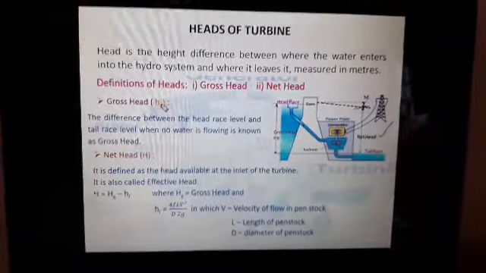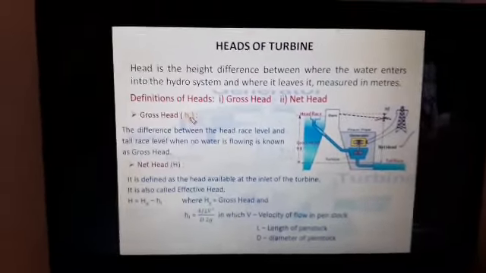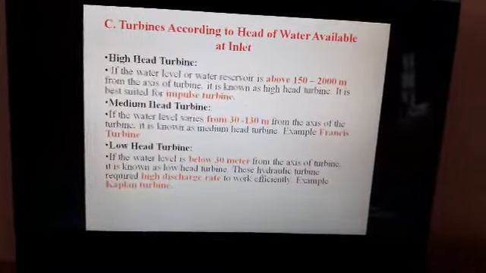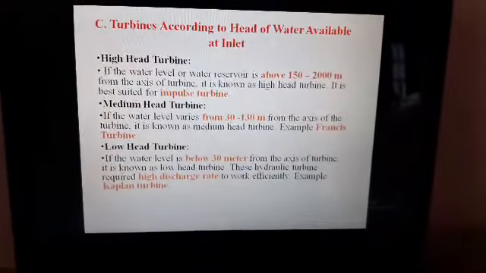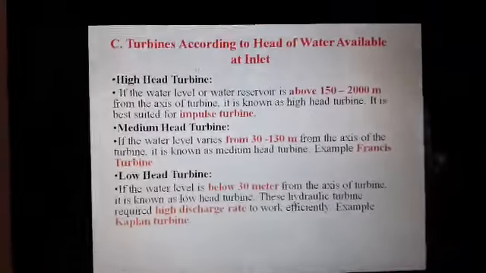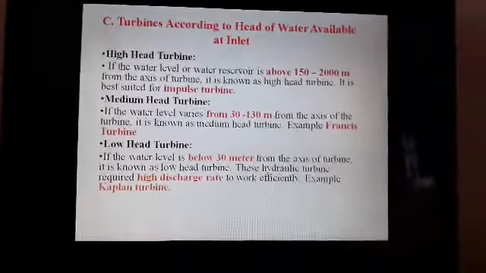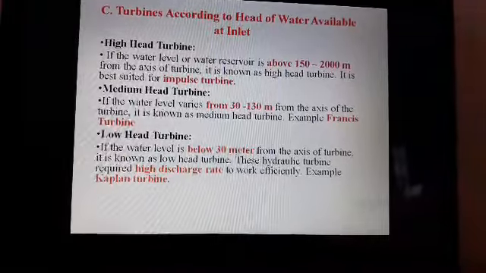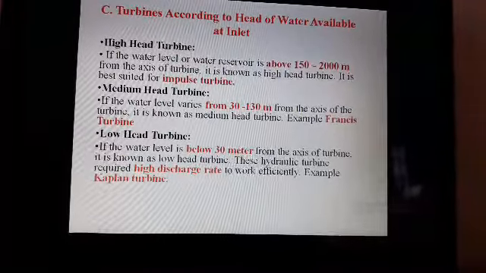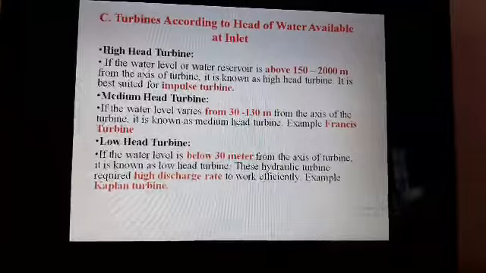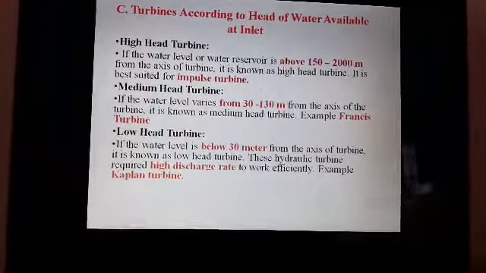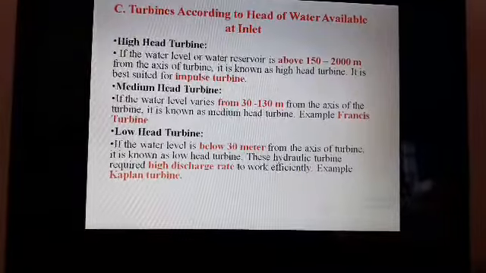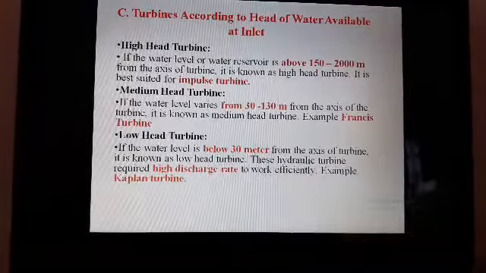Depending upon the head of the turbine, we classify the turbines into high head turbines, medium head turbines and low head turbines. In high head turbines, the available head is above 150 meters and up to 2000 meters. So the Pelton turbine is a high head turbine.